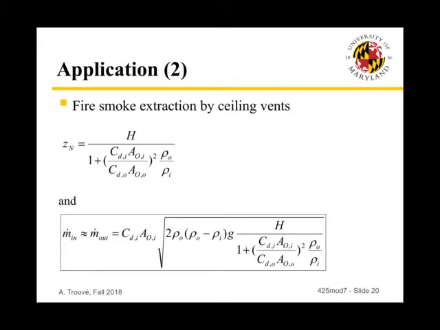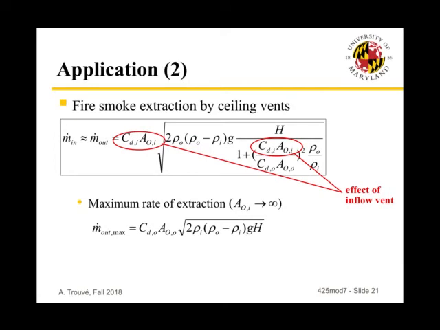Okay. Now I'm going to spend a few minutes discussing this expression and its meaning, but we can see here that this expression depends on properties associated with the lower vent as well as properties associated with the upper vent, as well as the smoke temperature through rho I. So here we see that the lower vent, the inflow vent, has properties that will affect the rate of extraction.